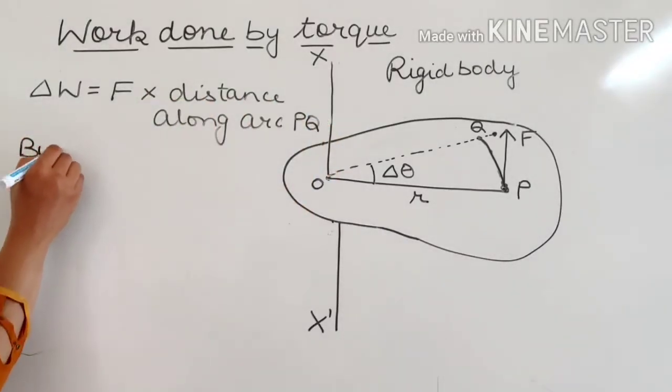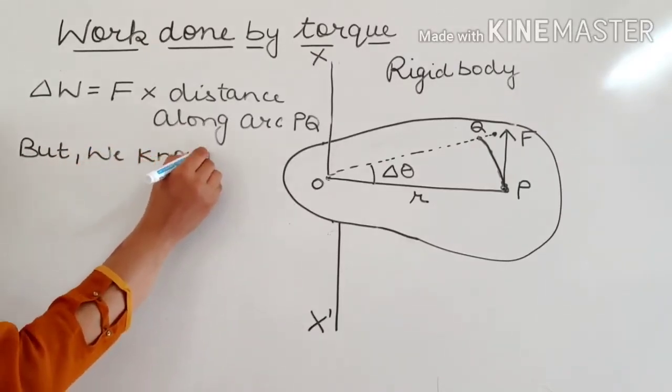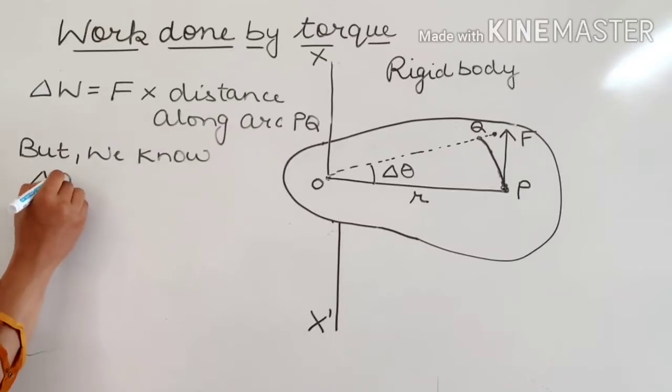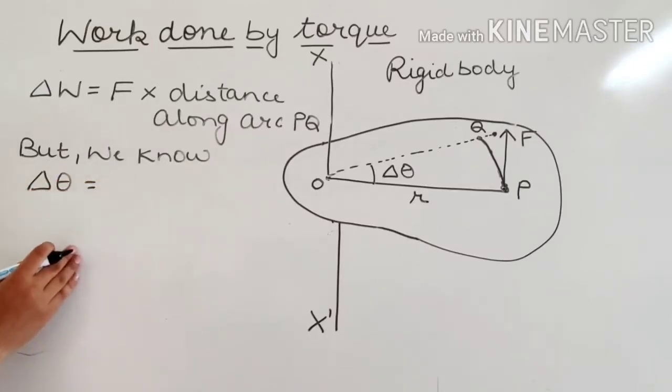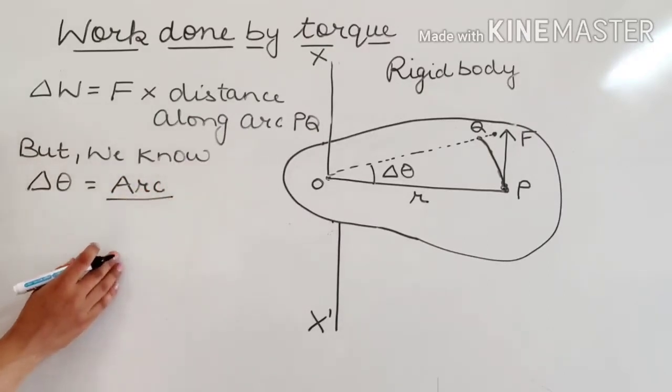But we know delta theta is the angle, which is equal to arc divided by radius.